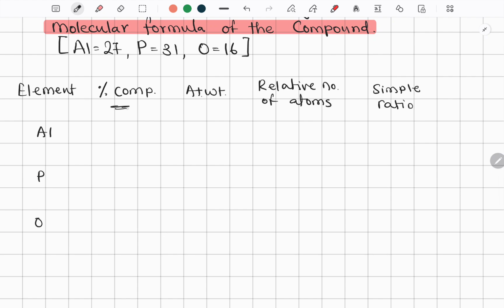What about the percentage composition? We know the atomic weight. Atomic weight is given as 27, 31 and 16 respectively. But we still don't know the percentage composition.